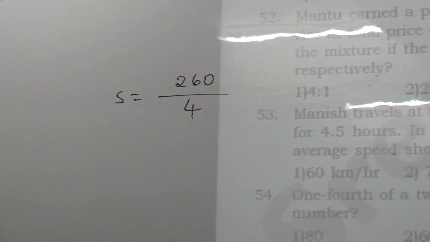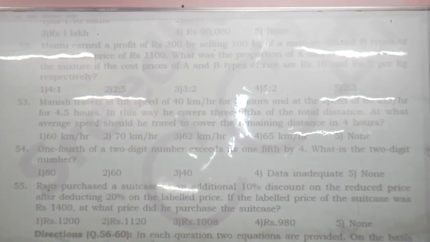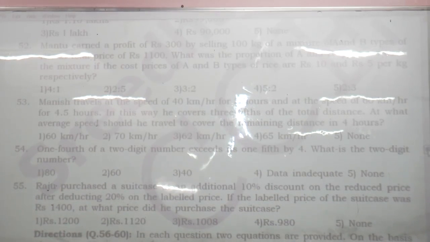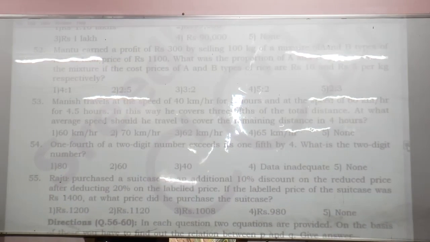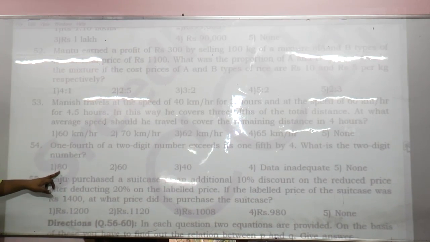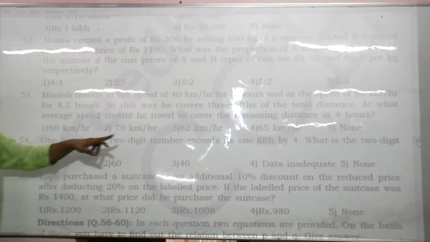Next, 54. 1/4 of a 2-digit number exceeds its 1/5 by 4. What is the 2-digit number? Better to go for answer to question. 1/4, how much? 1/4, 20.